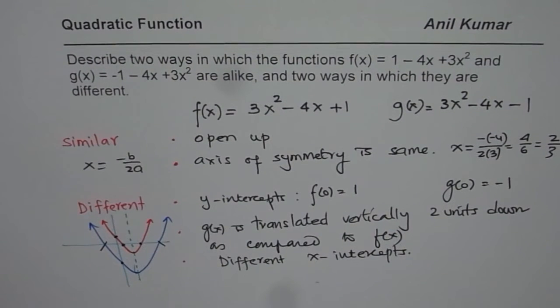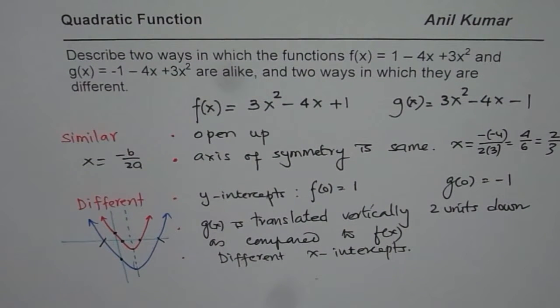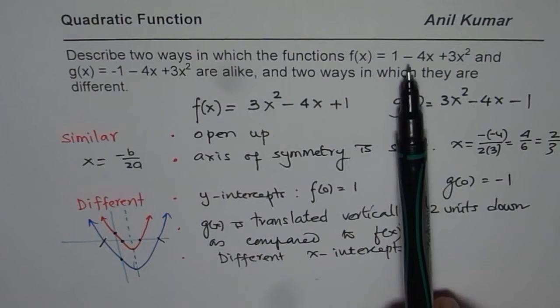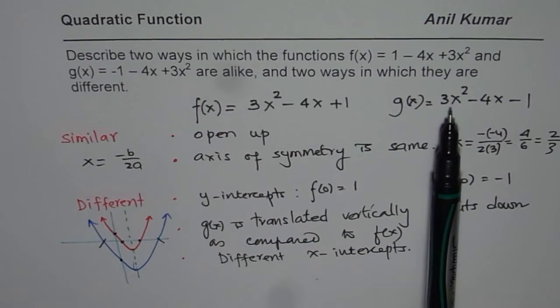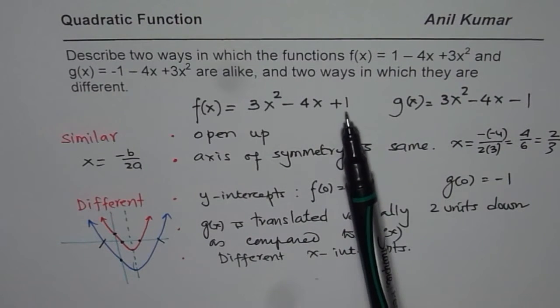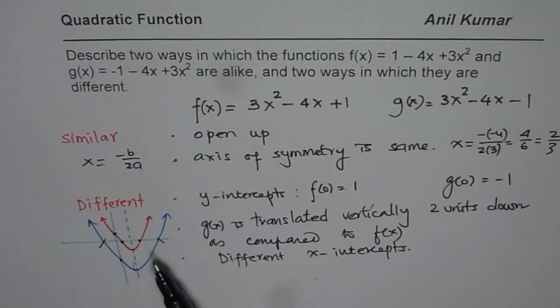So when in standard form you have an equation which has similar coefficients for x squared and x, but different y-intercept, that is how they are going to look. And then you can describe the differences and similarities as we did. I hope at this stage it's good to understand from the equation how the function will look, so that we can further explore them in coming examples.